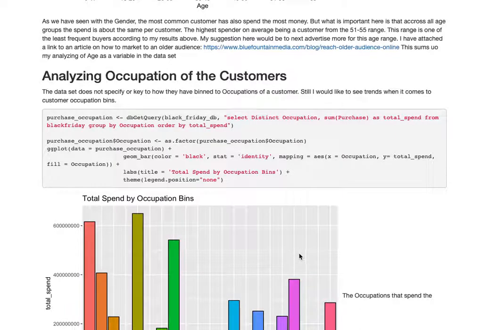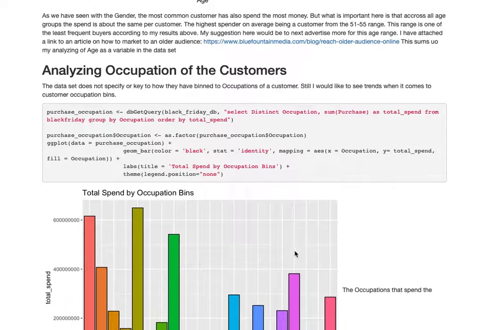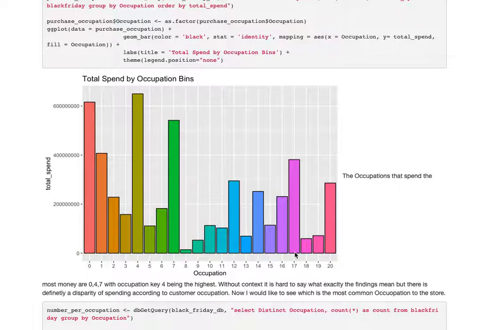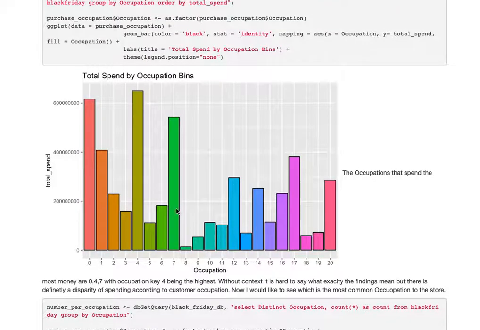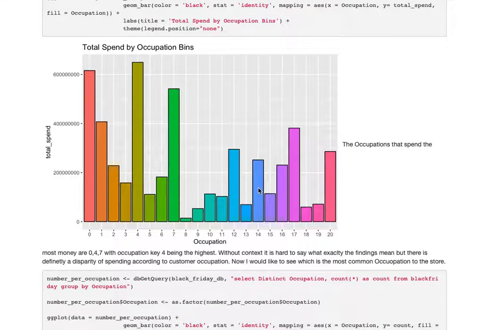Flying through this again, the occupation of the customer, I just wanted to see which occupation was buying more, if there was a certain trend to it. You can see that occupation does play kind of a role, with occupation 4, 7, and 0 standing out.